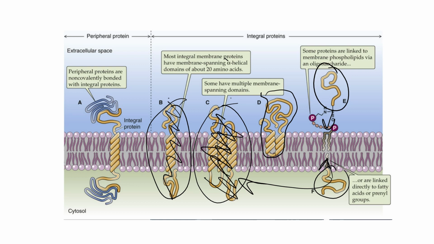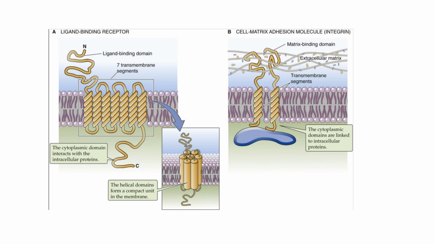All right, so we have all kinds of different integral proteins that are defined just based off of how much of the plasma membrane they traverse. And now the goal is to talk about, in basic terms, what these different integral proteins can do sometimes. And then as the semester progresses, we'll go into more and more detail.